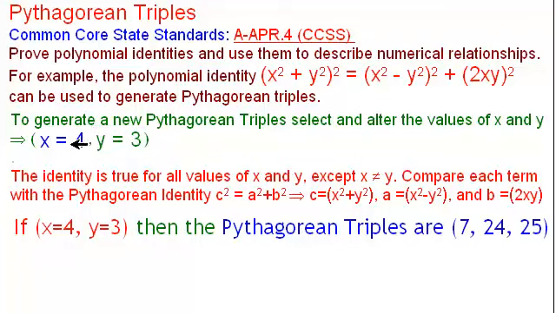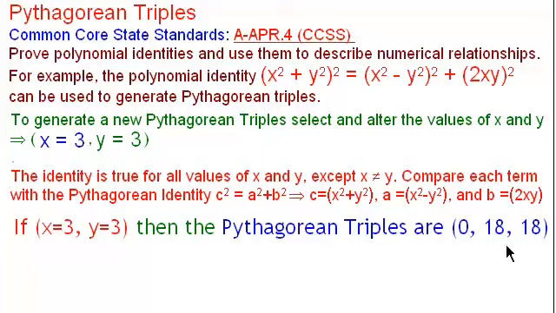But as I was saying, let us change the value of x to 3. So what happens here? x is 3, y is 3. So this is not going to form a right triangle because one of the sides is 0. So if you have x and y, you cannot choose both of them to be the same, x equal to y.